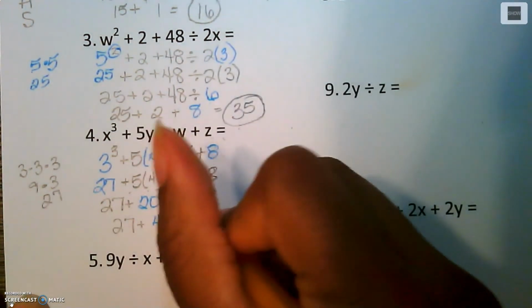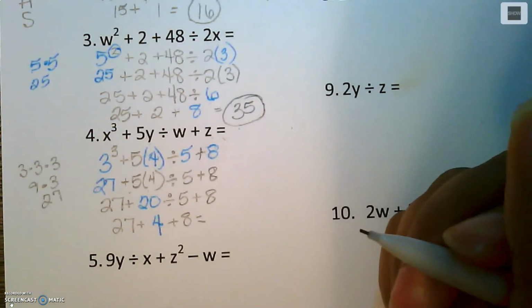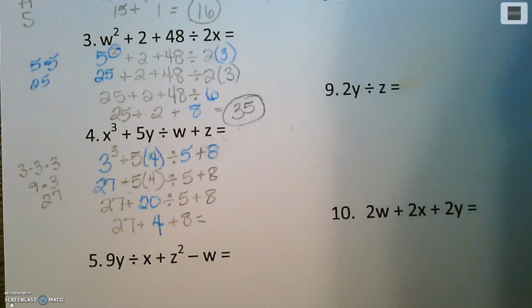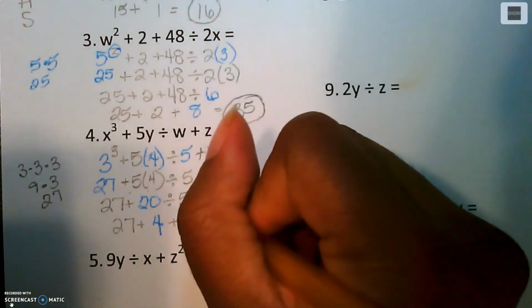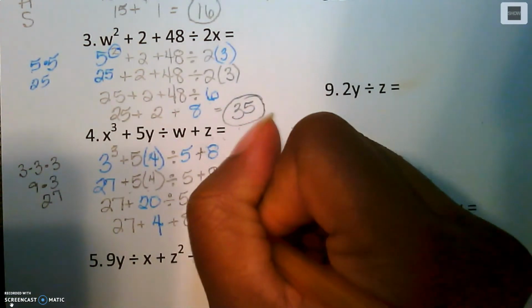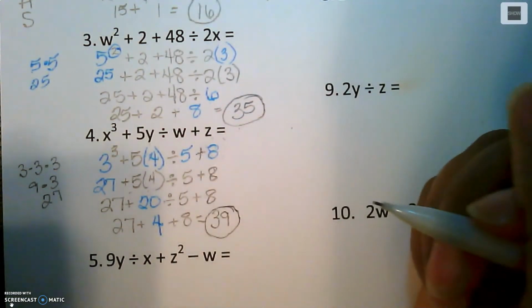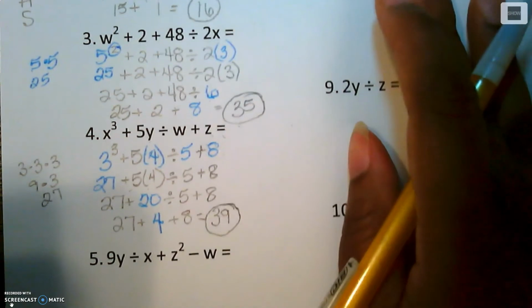So now that I just have straight addition, I'm just going to add it. So 27 plus 4 equals 31. And 31 plus 8 gives us 39. So you should have got 39 for number 4.